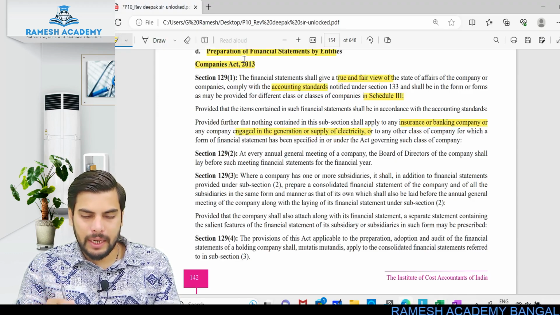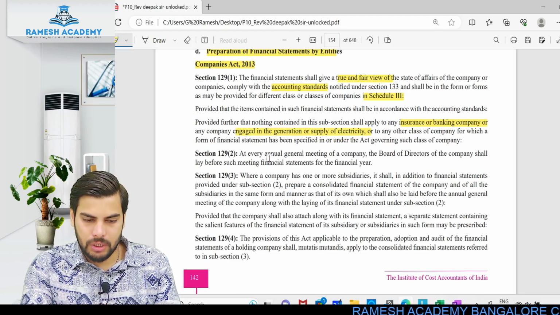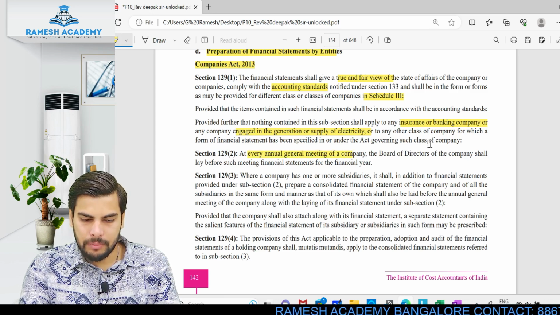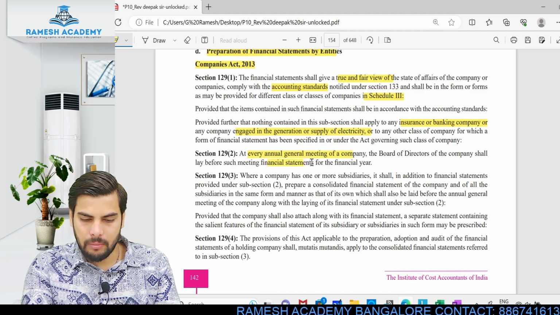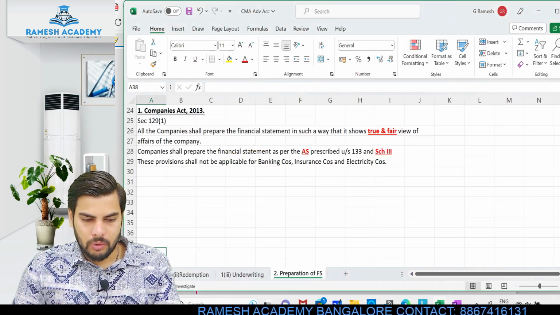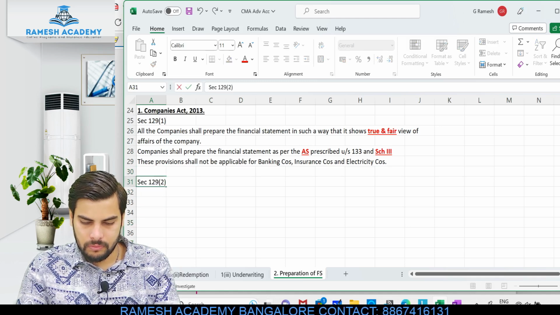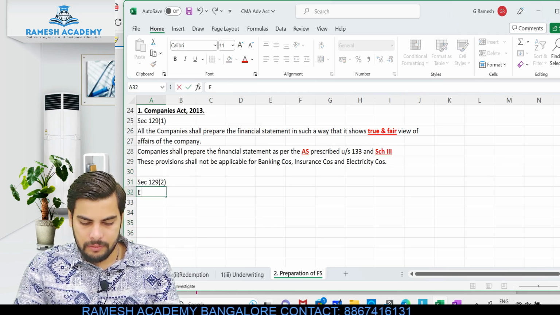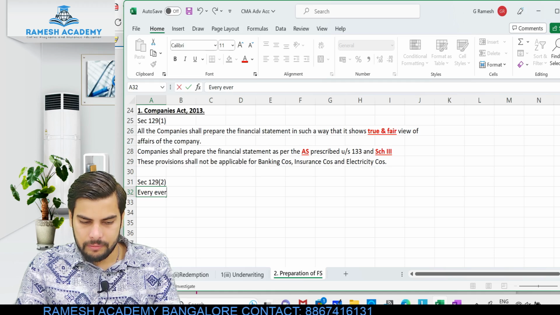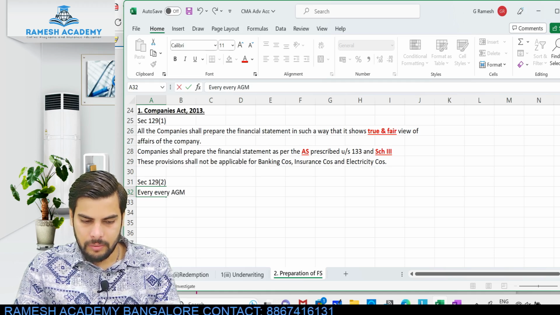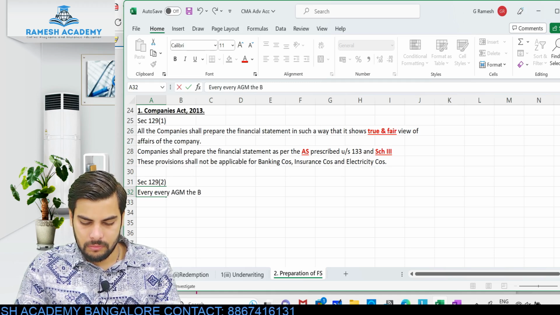Then if you see the second subsection, section 129 subsection 2: at every annual general meeting of the company, the board of directors shall lay before such meeting the financial statement for the financial year. So as per this subsection, at every annual general meeting or AGM, the board shall present the financial statement.